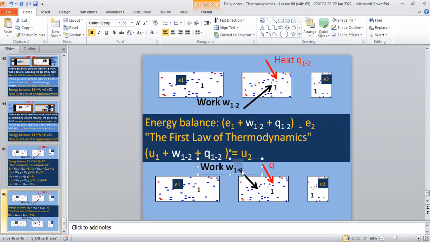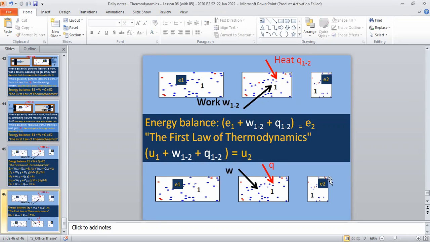You don't need 1 to 2 even, because generally we can understand. But as a statement, putting 1, 2 is okay, but not putting is also okay, but you can specify this is the work received by this gas entity when it changed from 1 to 2. Okay.